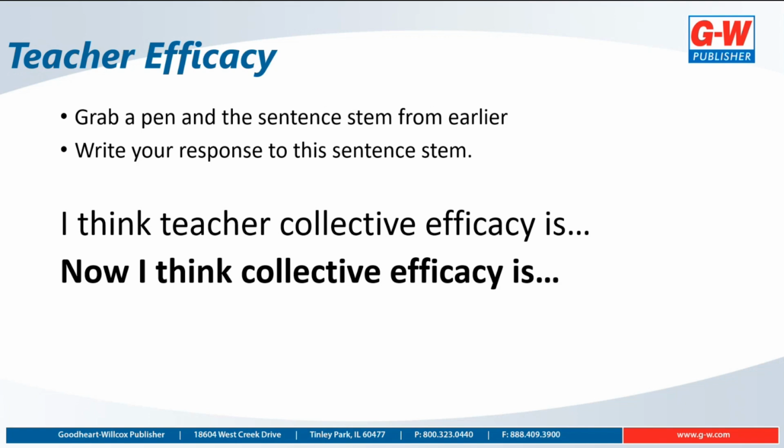Now, finish the sentence. Now I think collective efficacy is, and then fill in the blank on that paper so that you have two sentences. I think collective efficacy is this, but now after 20-ish minutes, I think collective efficacy is, and fill in the blank.